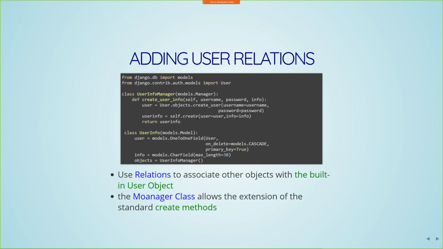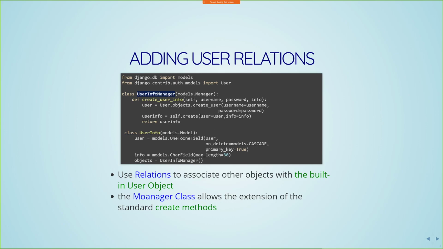But a lot of times you're going to want to associate more with a user than the standard built-in user object has. So don't try to extend the user object exactly, but just try to add to it by using models.manager from the Django models class to make a user object on top of an old user object.